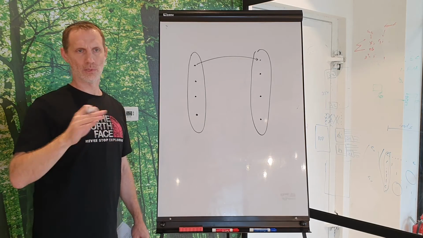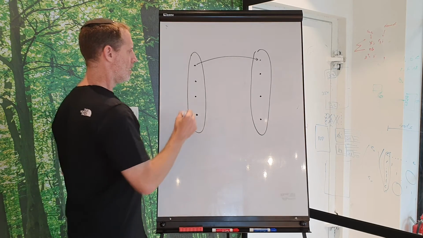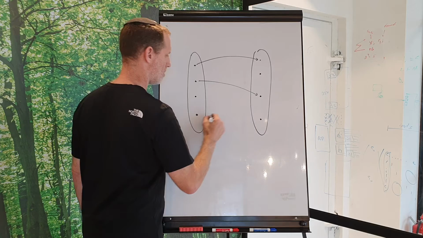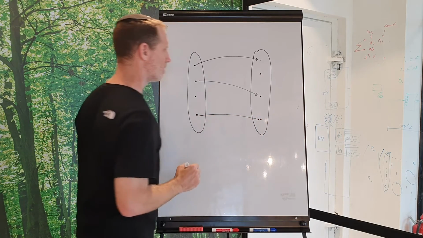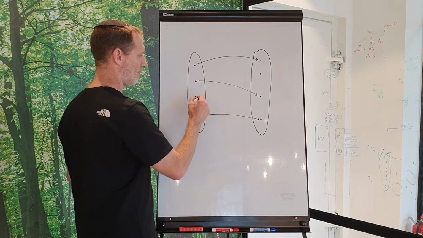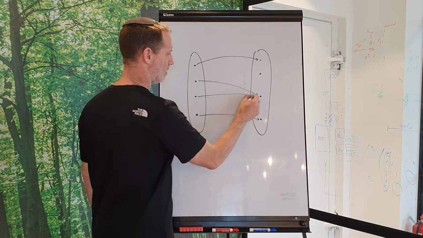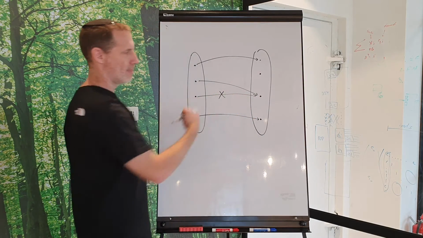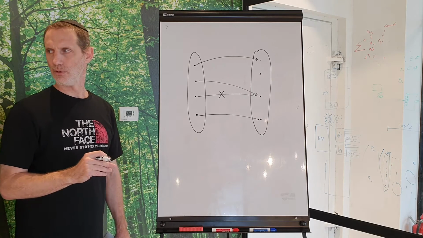It's also called one to one. So this, for example, would be injective. If I added this, then it's no longer injective.